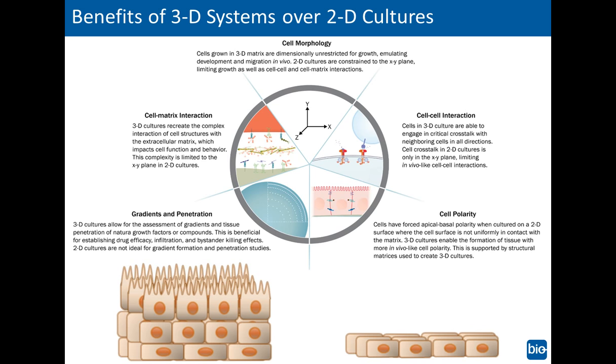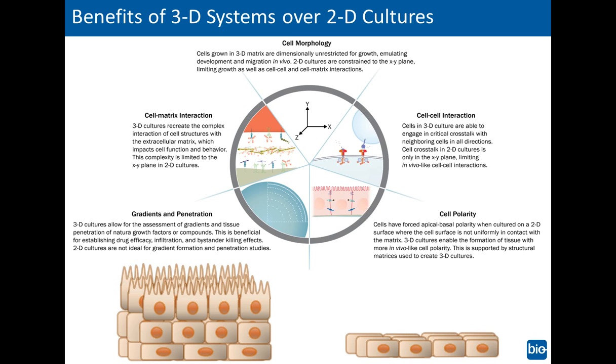Okay, so the benefits of 3D systems over 2D systems are pretty obvious based on the organization of the cells in the tissue. So in 3D cell culture models, they are interacting with other cells in 3 dimensions. So in X, Y, and Z, they're talking to the cell matrix in all directions, and also the cell-cell interactions are in all 3 dimensions.